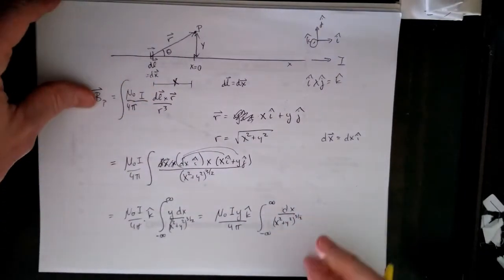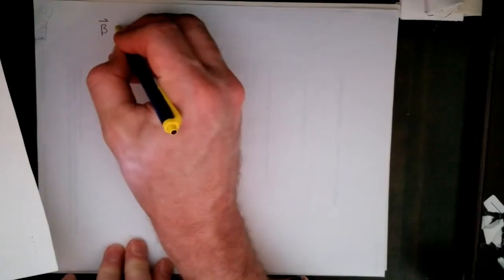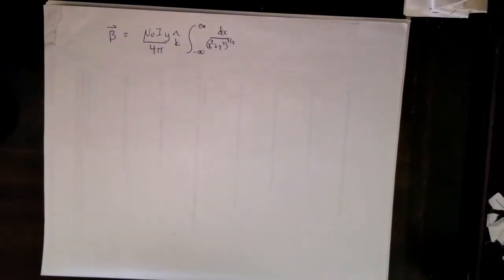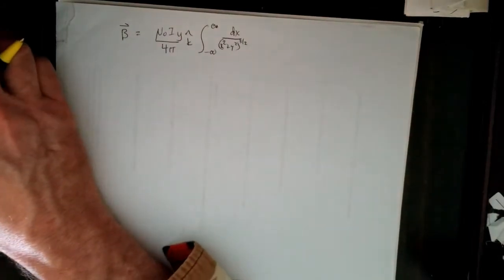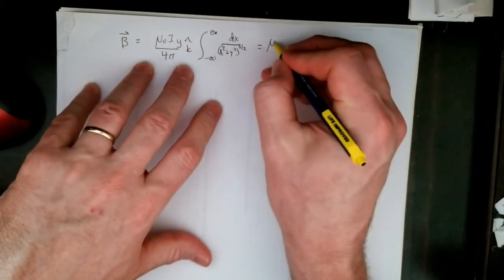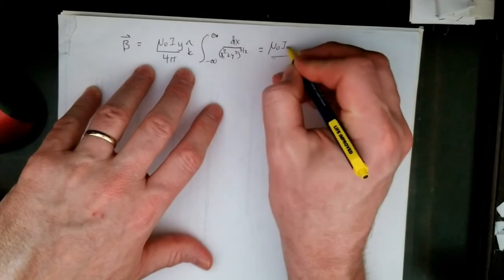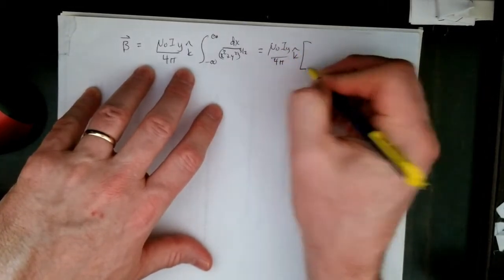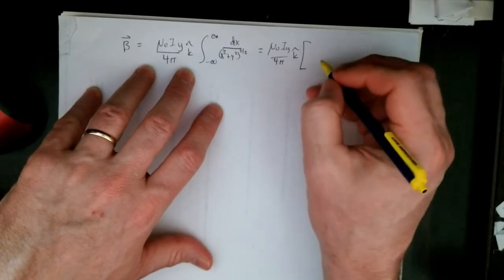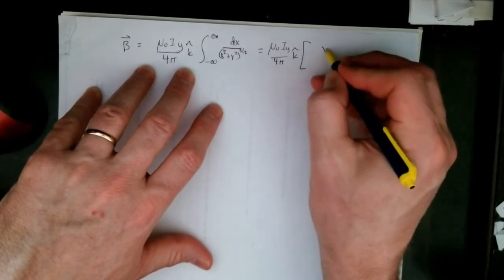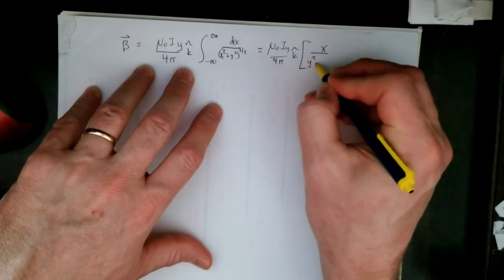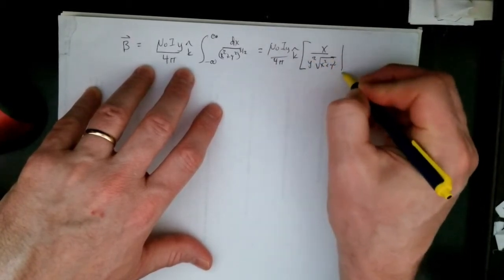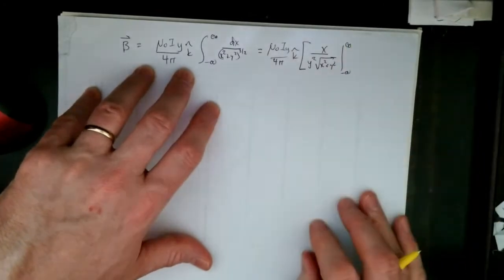We have seen this many times before. That integral right there is one that I can look up. So this becomes mu naught I y over 4 pi k hat times x over y squared square root of x squared plus y squared, from negative infinity to infinity.